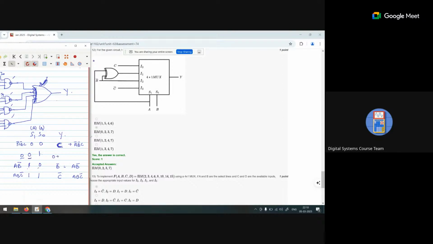So 0 XOR B bar. That is what it is, B bar. Now can I write an equation for this one? So it is A bar B B bar. It is 0. Okay, so that's why I1 is 0. Clear?